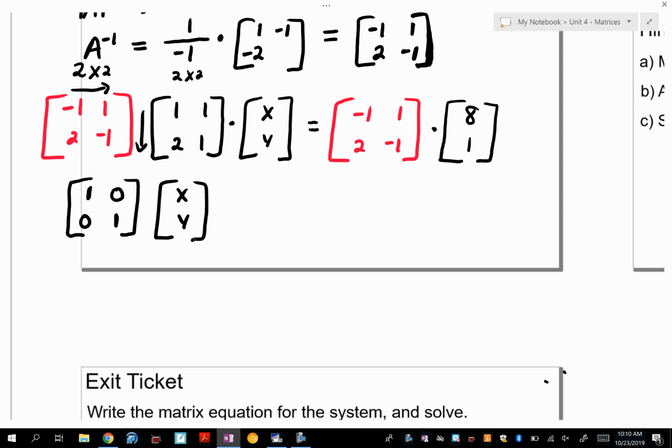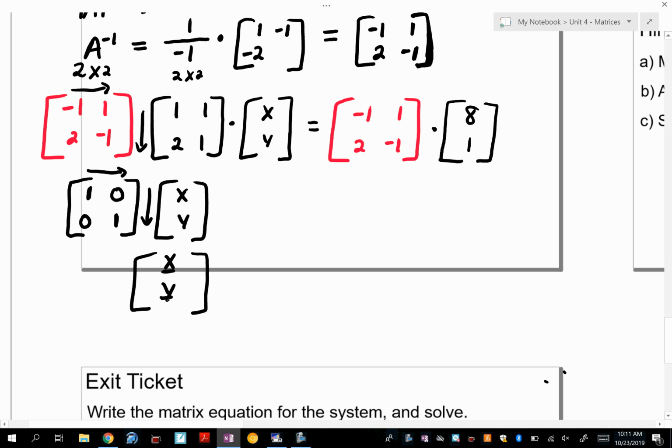Let me show you. This one's going to be a 2 by 1 in the answer. What's 1 times x? X. What's 0 times y? 0. So x plus 0 is x. 0 times x? 0. 1 times y is y. So 0 plus y is y.